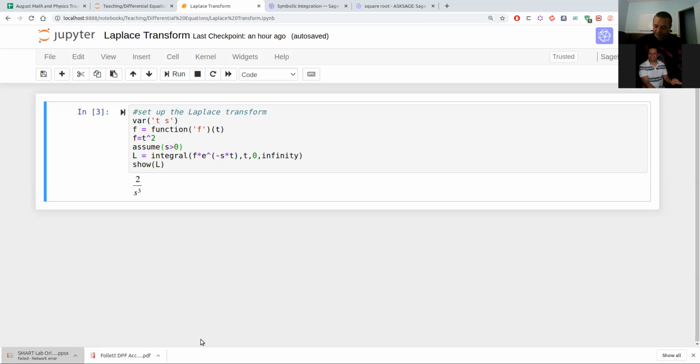Now, we're going to go ahead and compute those two Laplace transforms. I have them written down. I hope you have them written down somewhere. I'm going to go ahead and change my assumption first.